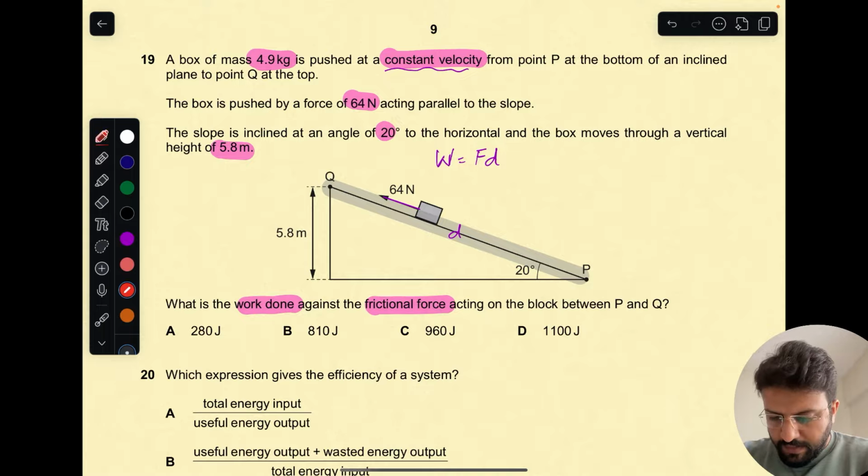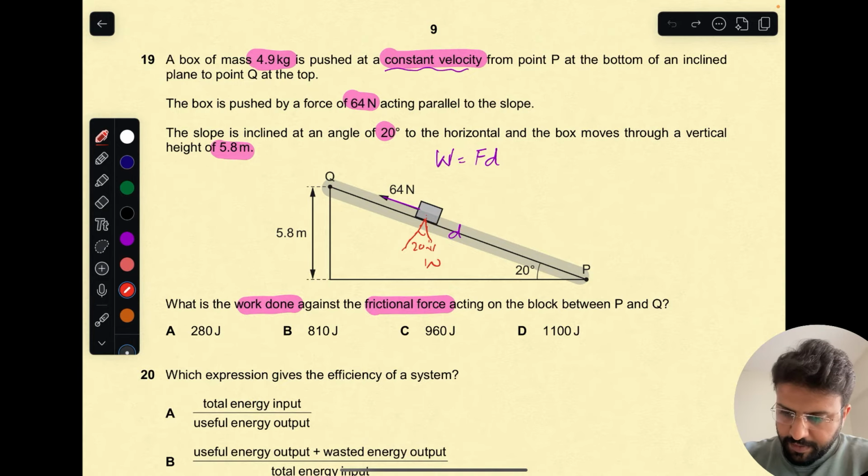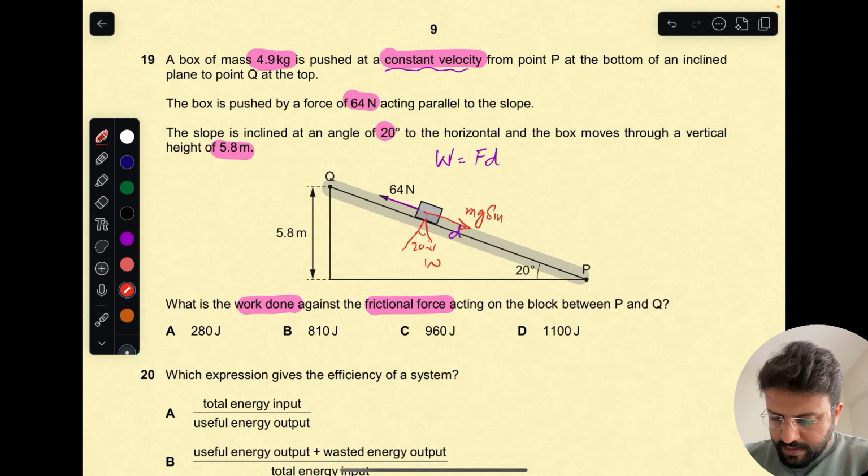If this is the object, the weight will be like this, this angle will be 20, and there is another component of the weight that is acting like this. It will be mg sine of 20.